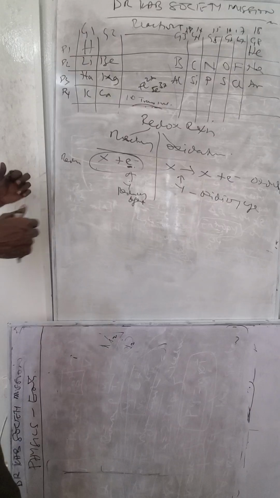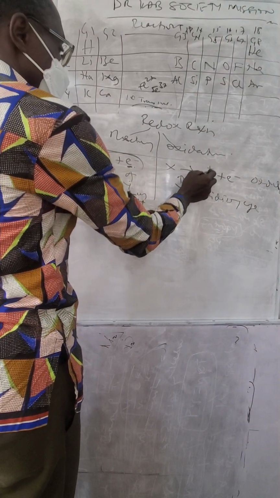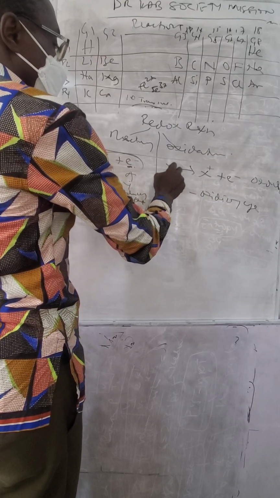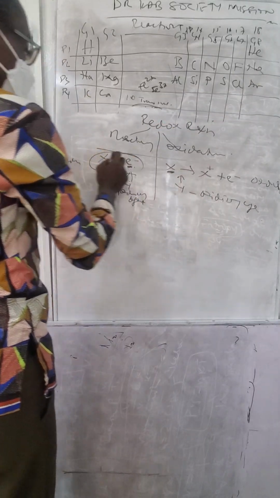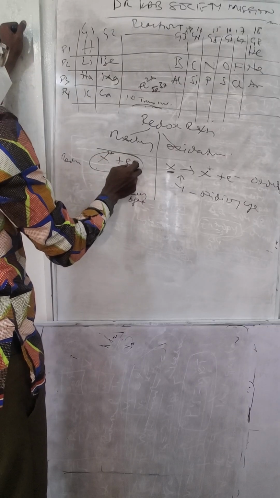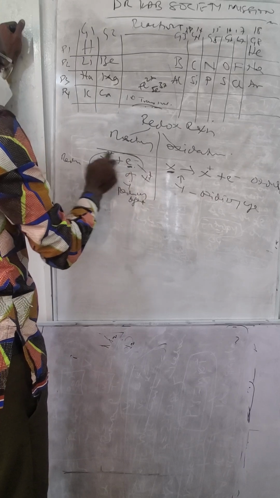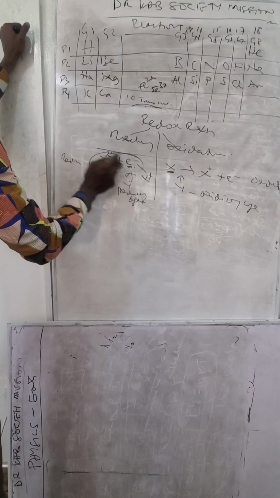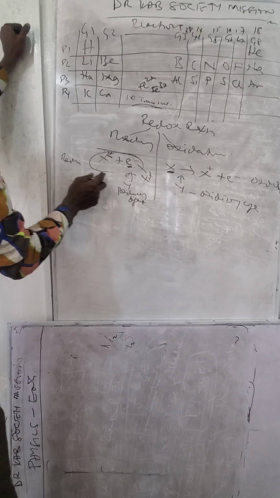Once you get this, if you look at it, if you lose electrons, it becomes what? Positive. So in terms of oxidation, the element involved increases in charge. But here, if it was, let's say, 2+, it will become 1+ after receiving one electron. So you see that here there's a reduction in the charge. That is the reducing part.